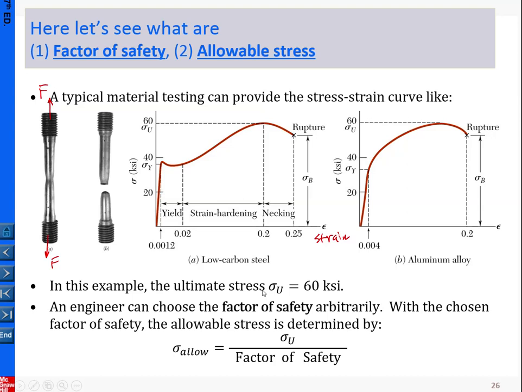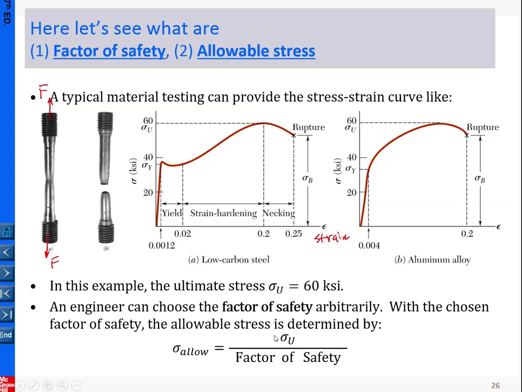Different materials have different sigma U. For this example, the low carbon steel is 60 KSI. For aluminum, just by chance, it is also equal to 60 KSI.